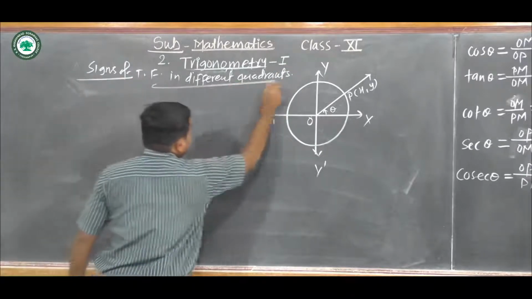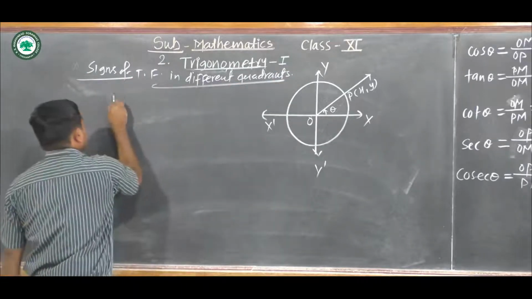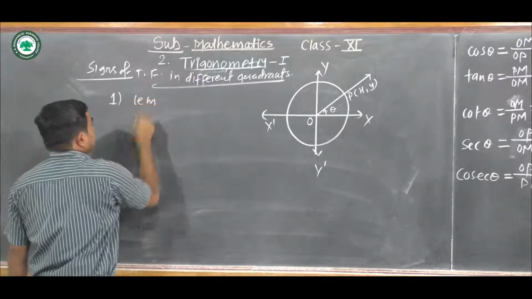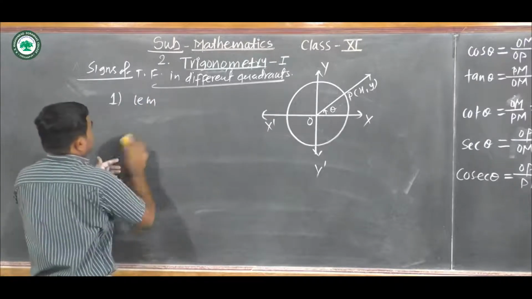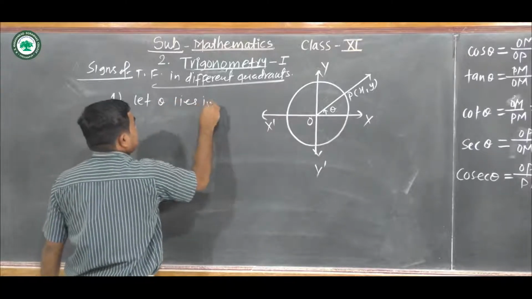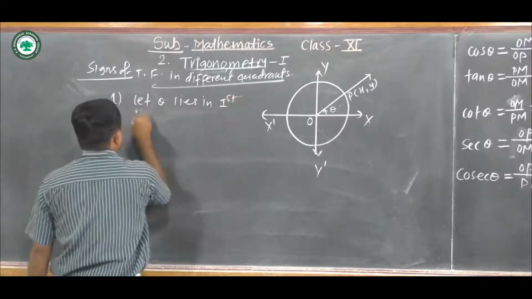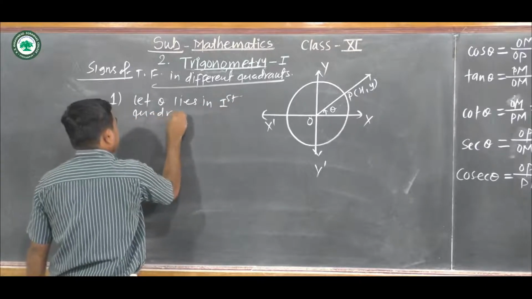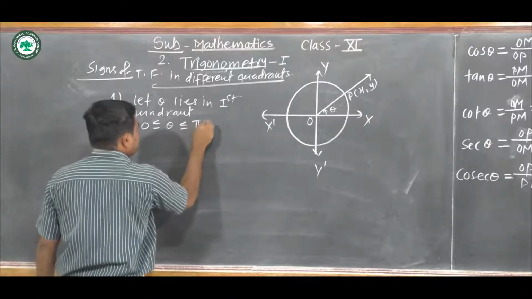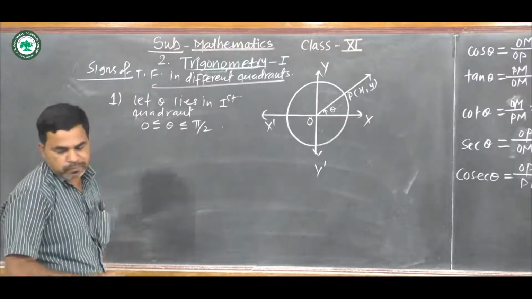Means if your angle lies in first quadrant, let theta lie in first quadrant. Means 0 is less than or equal to theta is less than or equal to pi by 2.